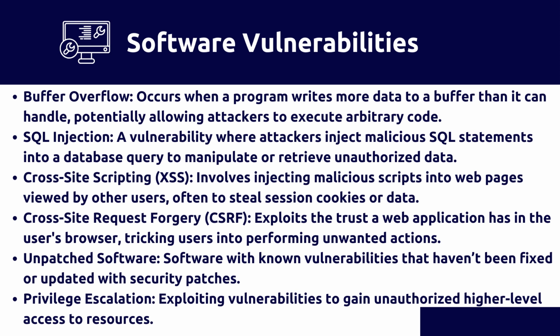This is a vulnerability where attackers inject malicious SQL statements into a database query to manipulate or retrieve unauthorized data. SQL is a language in web application development. So what does this SQL injection mean? It is you injecting malicious code, malicious statements into the database to retrieve important information.